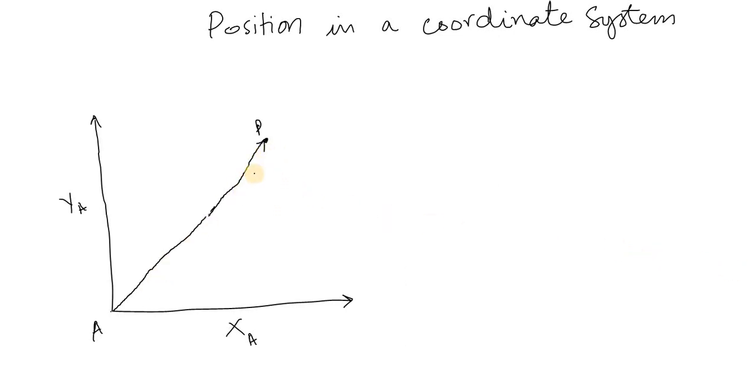So this is a vector. It's pointing toward this point P, and its coordinates can be defined by projecting this vector P on the x and y axis of the reference frame.